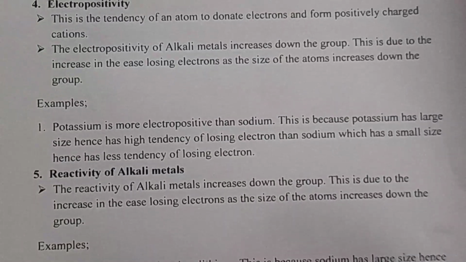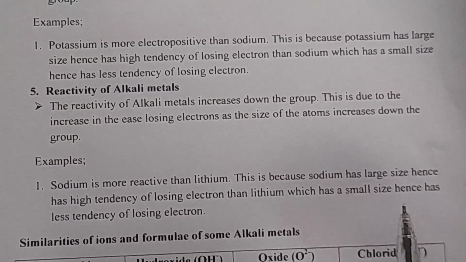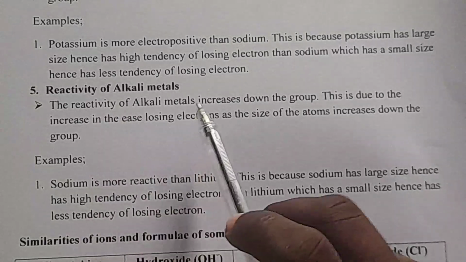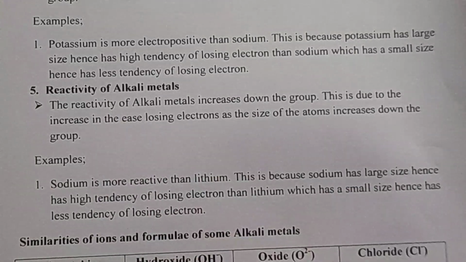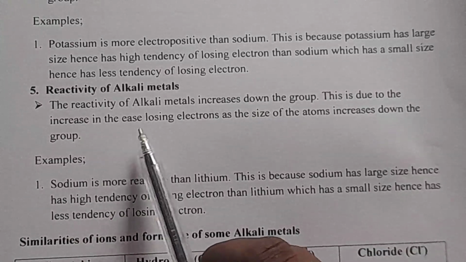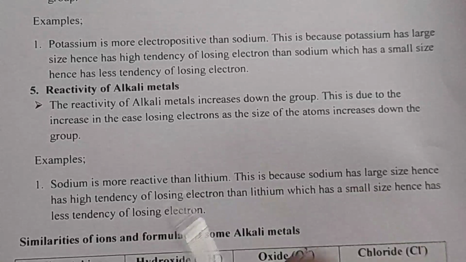So number 5, we are going to go to reactivity of alkali metals. The reactivity of alkali metals increases down the group. That means sodium is more reactive than lithium, and potassium is more reactive than sodium. Reason: this is due to the increase in the ease of losing electrons as the size of the atom increases down the group.